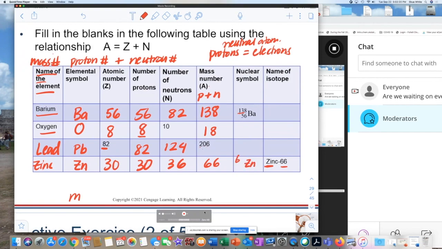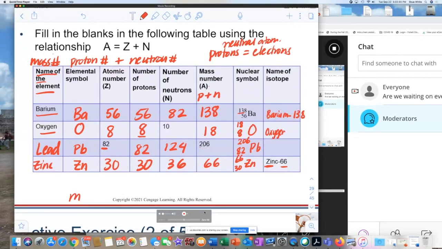So for my symbol, let me start with this one here. Zinc, 66, 30. For lead, Pb, 206, 82. Oxygen, 18, 8. Okay. Name of isotope, barium dash 138.